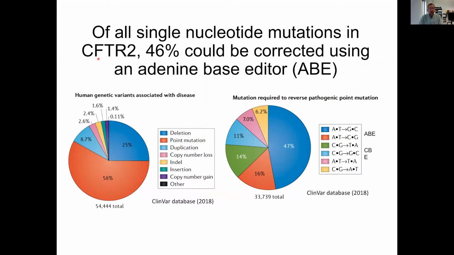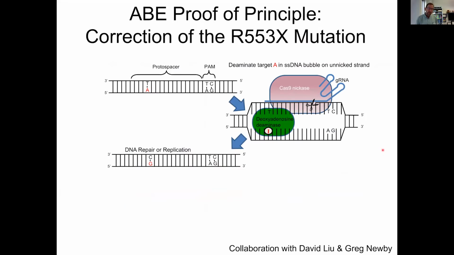And according to the CFTR2 database, 46% of the single nucleotide mutations in CFTR could be corrected using an adenine base editor. So we've been collaborating with David Liu and Greg Newby at the Broad Institute to look at this concept. And we're focused on adenine base editor protein delivery.